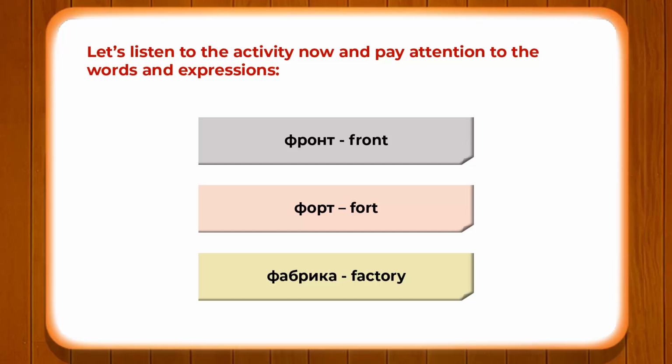So, in case of front, it has only one vowel, that is O, of course. So, the udarenie or the stress is on O, that is why the sound of O is under stress, and I am pronouncing with higher pitch on O. For example, front, front, which means front. Fourth, fourth means fourth.